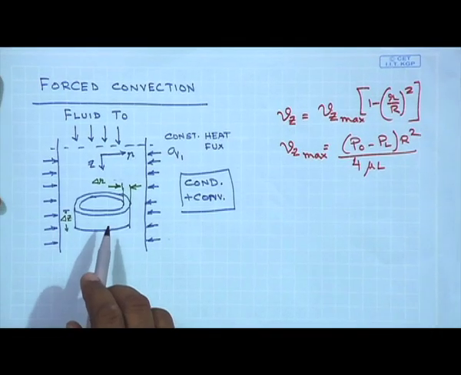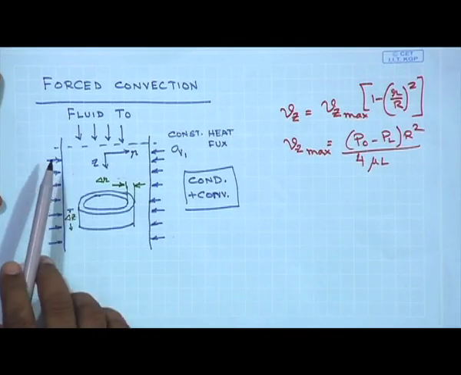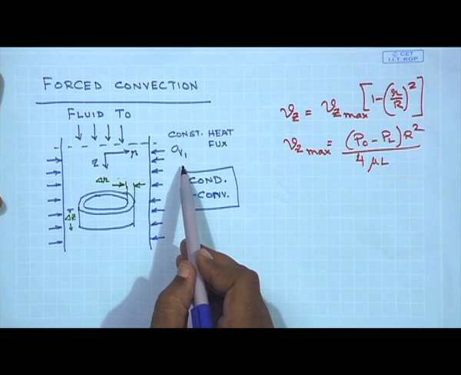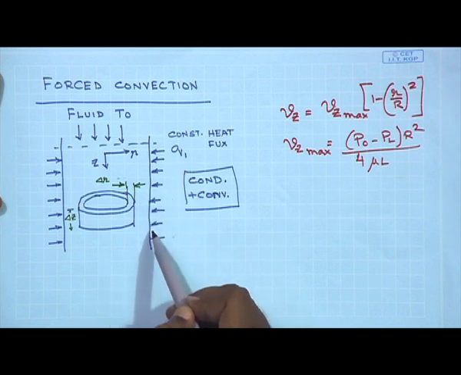In order to tackle this type of problem, in which the temperature is a function both of r and of z, the assumed shell across which we are going to make the energy balance will probably look something like this, which we have drawn in the previous class. So we have a fluid which is coming in and some amount of heat, constant heat flux Q1, being added through the side walls.